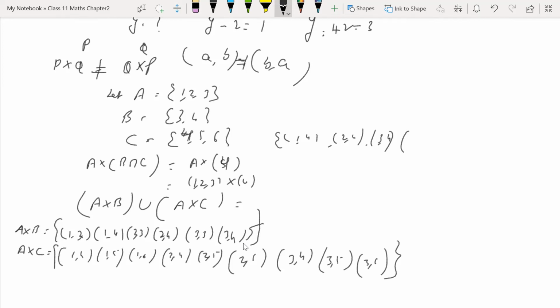What would be the A cross B union A cross C? The union means all the ordered pairs, excluding only those which are repeated.